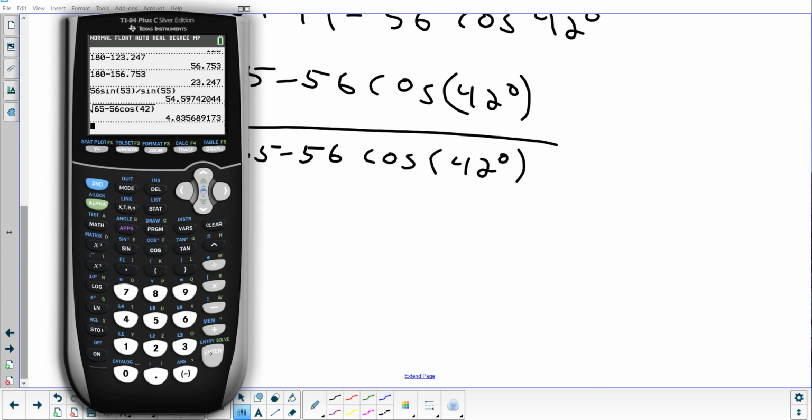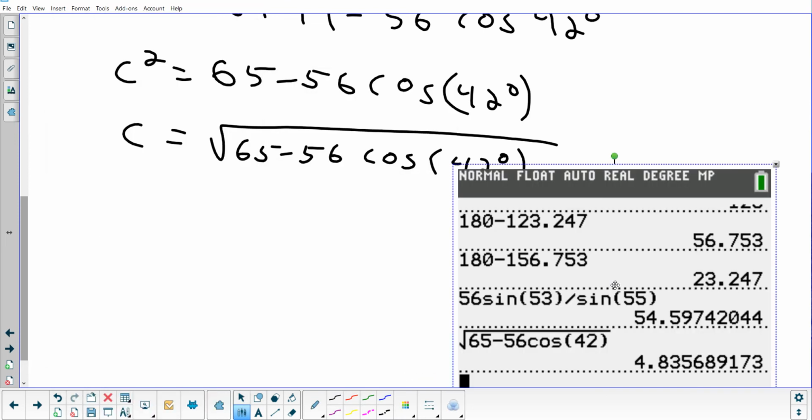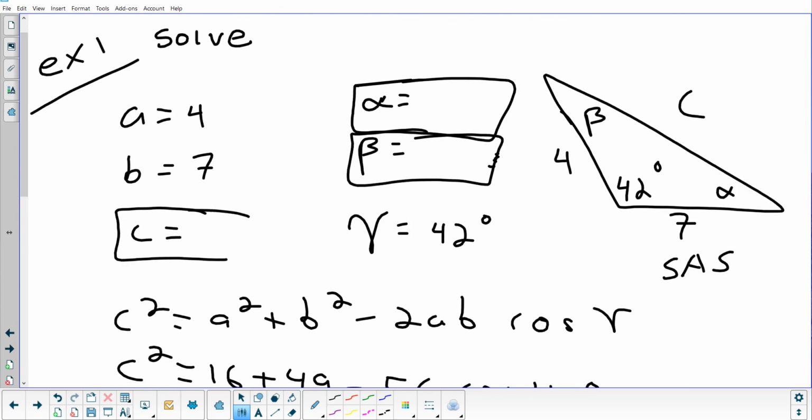We'll go to 3 decimals, just like we did yesterday. Okay, so 4.836. Now we know C. Let's fill that in.